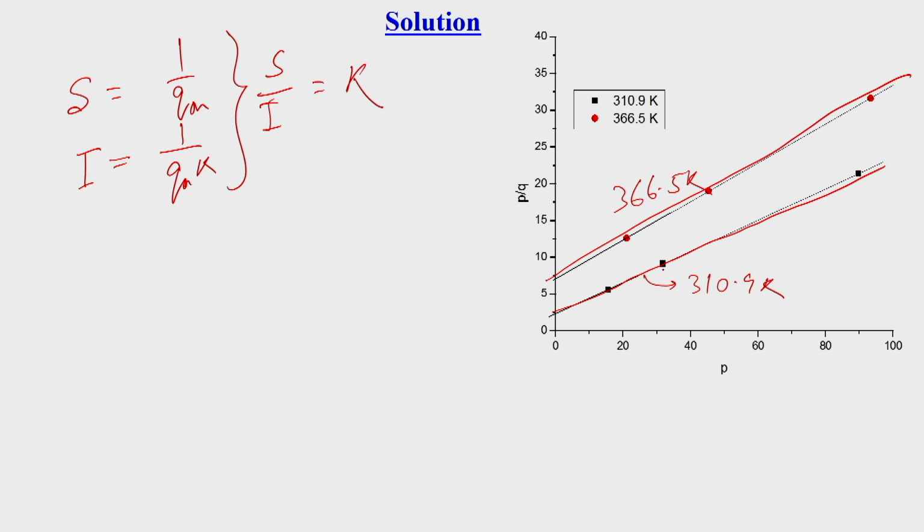From the slope we get 1 by qm, and we also need the intercept values for 310.9 and 366.5 Kelvin.